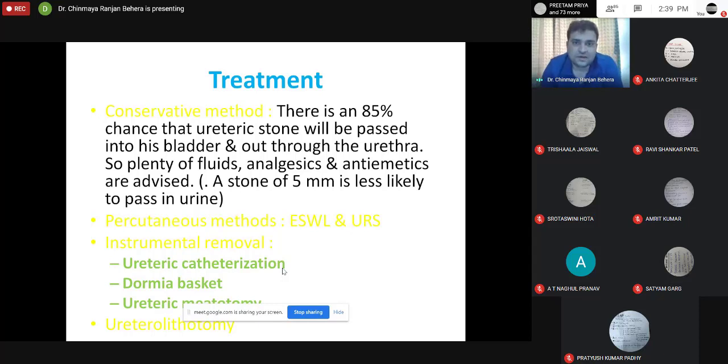But sometimes when it is a larger stone, you will need an ESWL or a URS. That is, endoscopically you put the catheter through the urethra into the bladder and the ureter and remove it through a Dormia basket or ureteric meatotomy, and sometimes you need to do a ureterolithotomy.